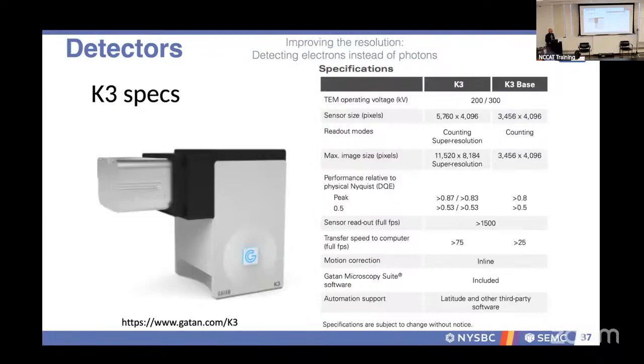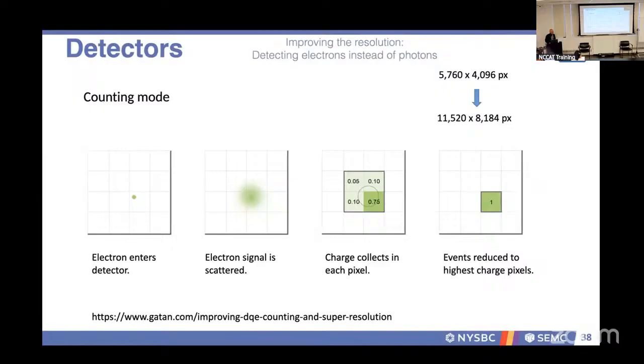There are a couple common detectors that you might see. The Gatan makes the K3. The K3 has a readout of somewhere around 1,500 frames per second. The terminology for K3, you might hear something known as counting versus counting super resolution. And what that means is that the detector will read out electron events per pixel, and it tries to normalize that.